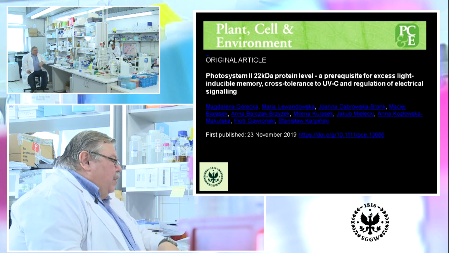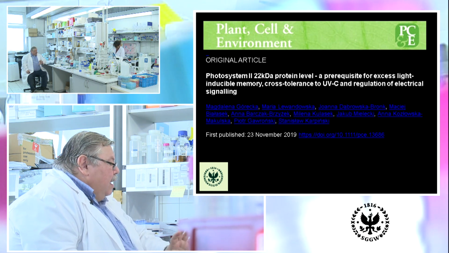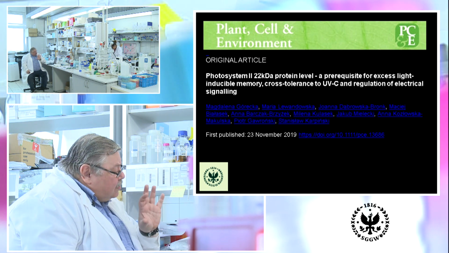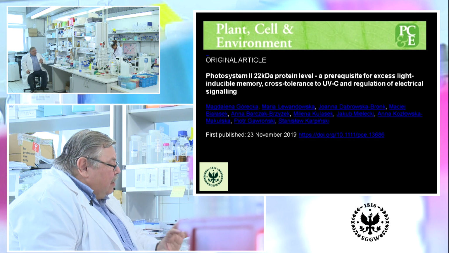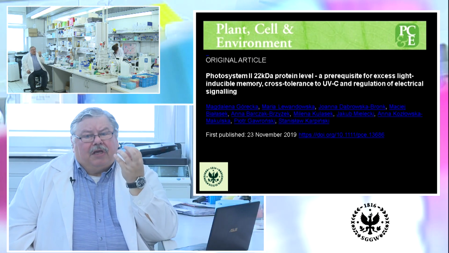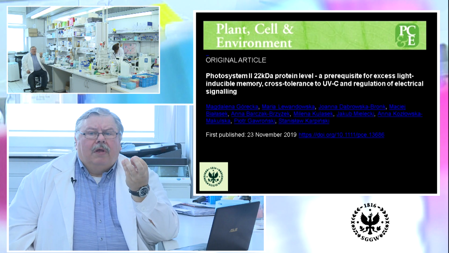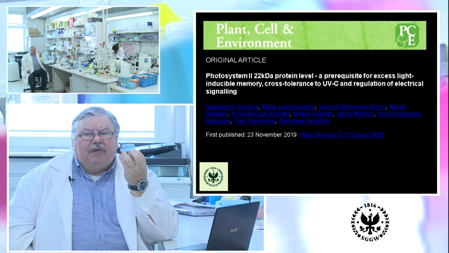And later on, we published this paper: photosystem II 22 kilodalton protein level, a prerequisite for excess light inducible memory, cross tolerance to UVC and the regulation of electrical signaling. This is a pretty important paper because it shows that PSBS and non-photochemical quenching have a much wider role than we thought before.